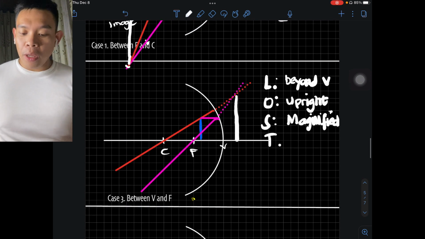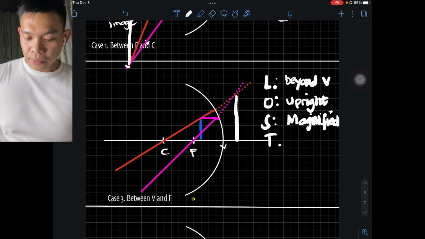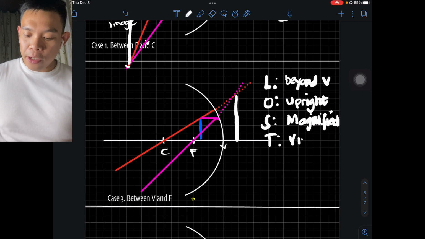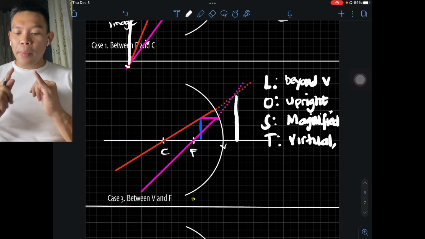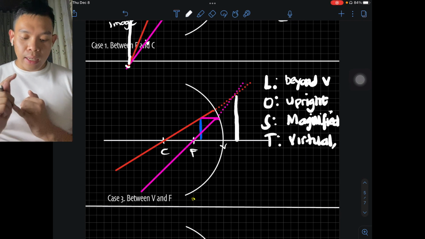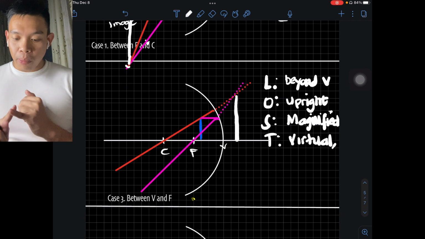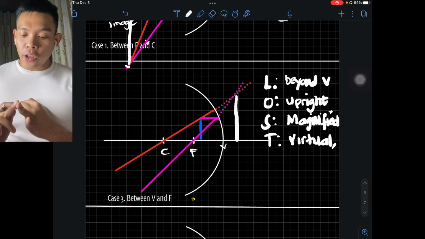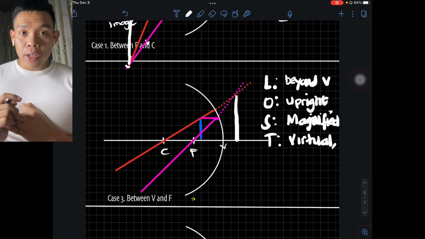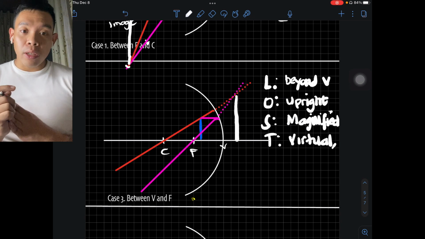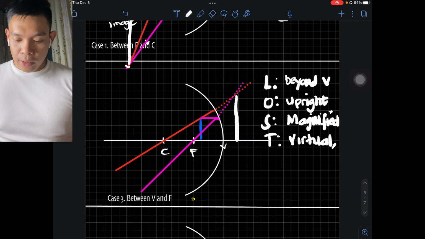And the type of image that we have here is what we call, of course, correct, a virtual image. Okay, very good. In the case between V and the focal point, the orientation of the image is upright, the size of the image is magnified, and the type of image that we have is a virtual image.